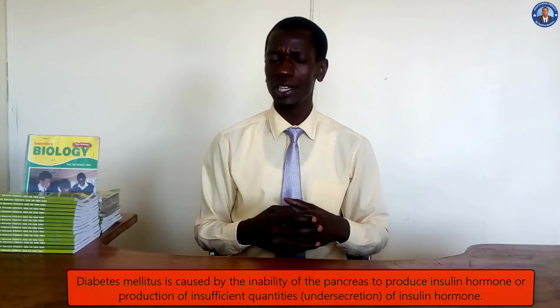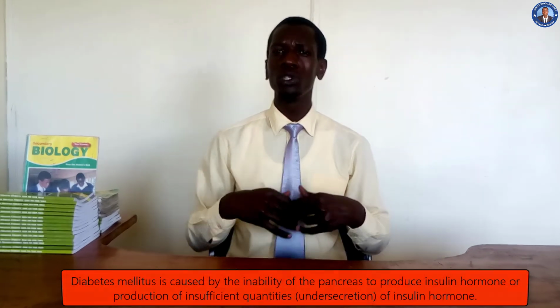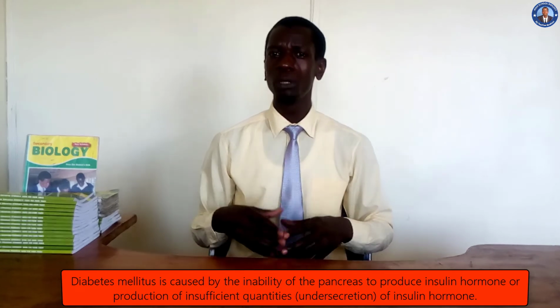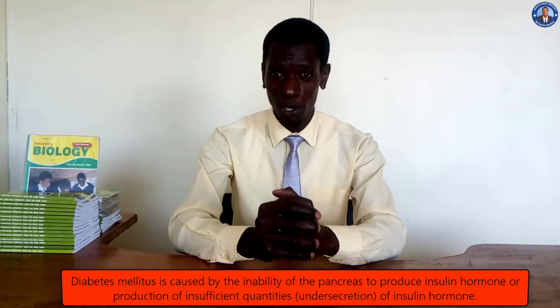An example of a genetic disease is diabetes. Remember, diabetes mellitus is whereby the pancreas is not capable of producing insulin, or it produces an insufficient quantity of insulin hormone.